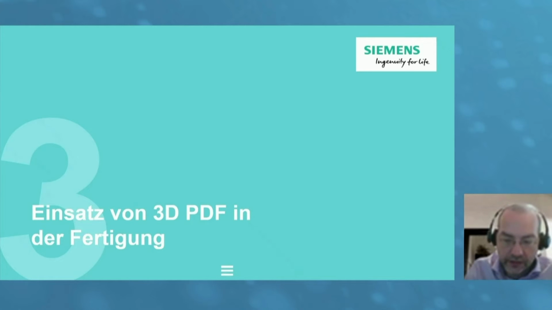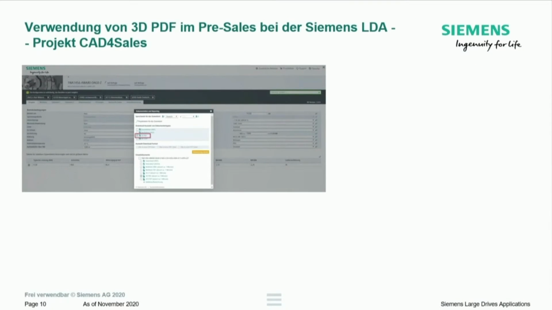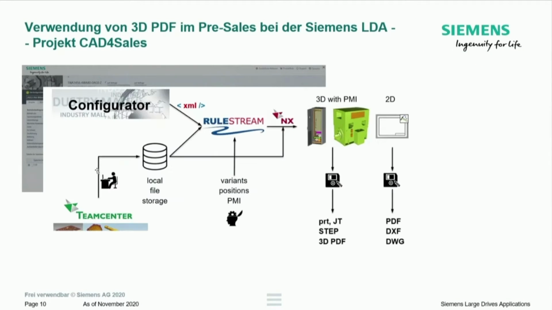We tried to have a look and see how we could improve all of this to make things easier for our workers in the factories. And we did have this CAD for Sales project, which we introduced quite successfully using PDF. With Rulestream and NX, we have the possibility to generate data.